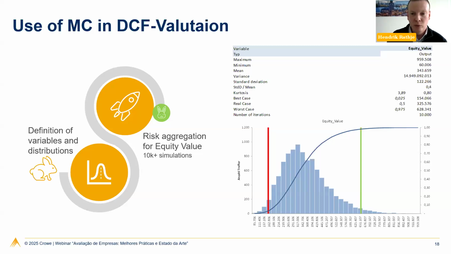This gives you an overview of what the likely outcomes are. As a fixed purchase price, for example, you can pay only the most likely value, the one with the highest probability. And for the earn-out for the owners of the company, you can apply the higher values that are on the upside.